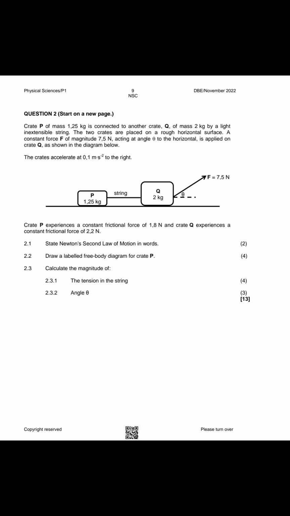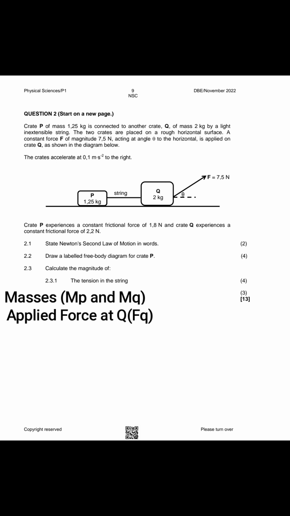Before answering the questions, let us consider carefully what we are given and also discuss where it will help us. The first two things that our statement gave us are the masses. Mass for crate P, which can be represented by MP or M1, and mass for crate Q, which can be represented by MQ or M2.